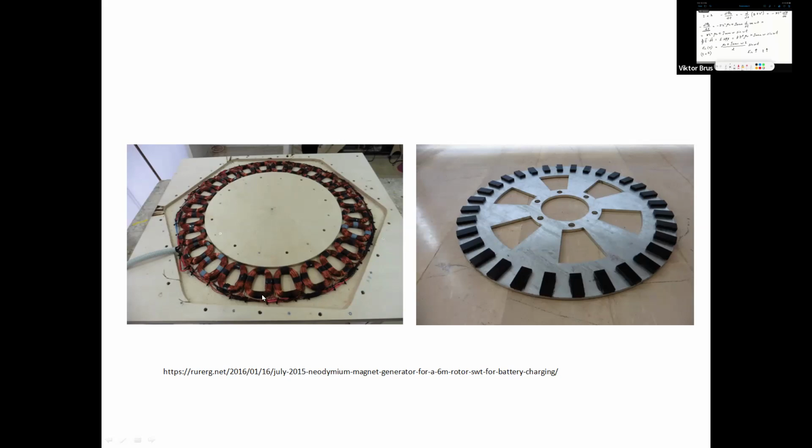In such a way, you can convert mechanical work, some torque collected from the blades of a windmill, to electricity and then accumulate it or use it for any purpose.